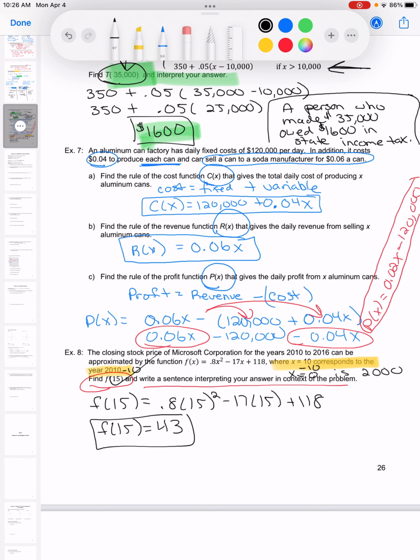That means that 15 is 2015, because x equals 0 is 2000. So 15 would be 2015, adding 15 to 2000. So in 2015, because it said x was a year, the closing stock price for Microsoft was $43.